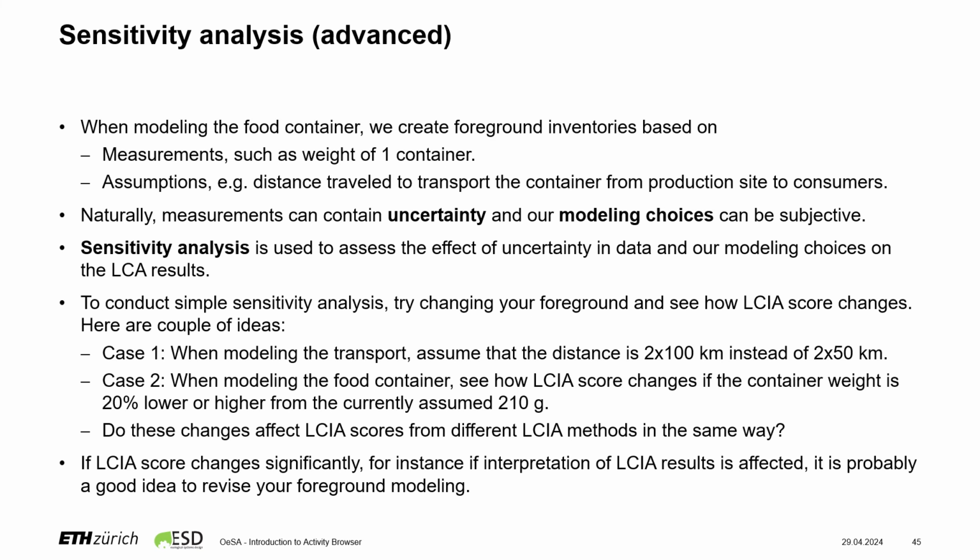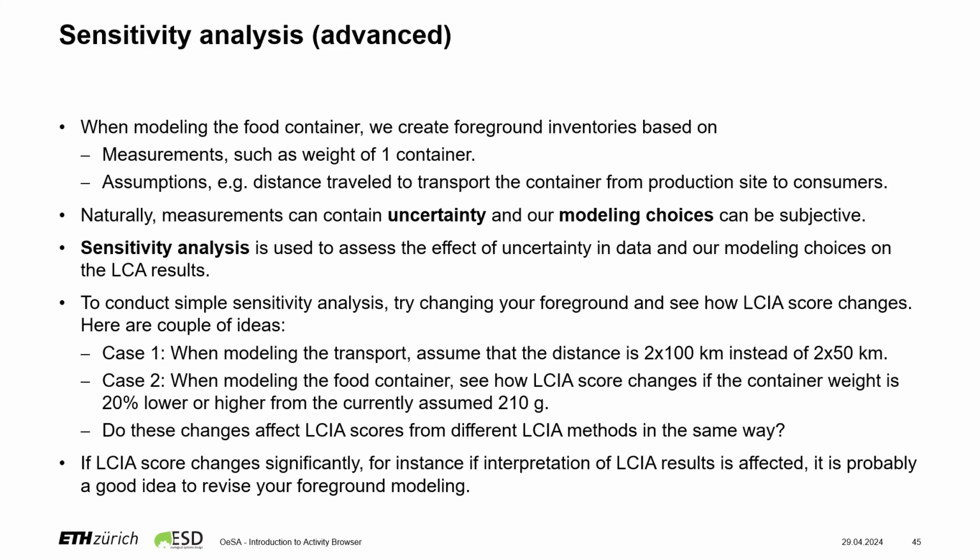Or maybe if your container weighs plus minus 20% of the weight that you chose, it's also not such an important parameter. So you can simply change these values in your foreground inventories and see what effect they have on the impact assessment score.